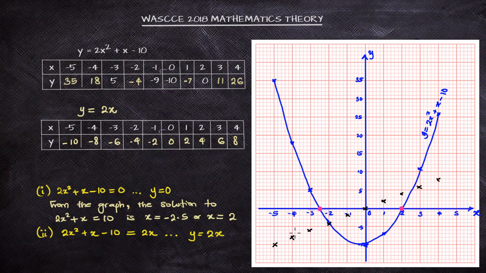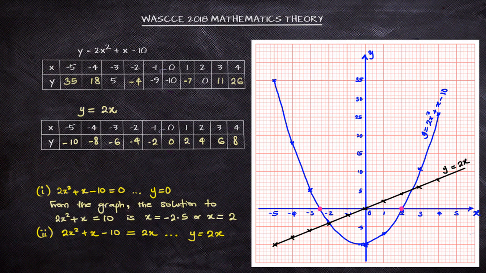Okay. Now, this is actually a straight line, so we can use a straight line. A ruler will be appropriate for this to join all the points together, and we can define that as y equals 2x.